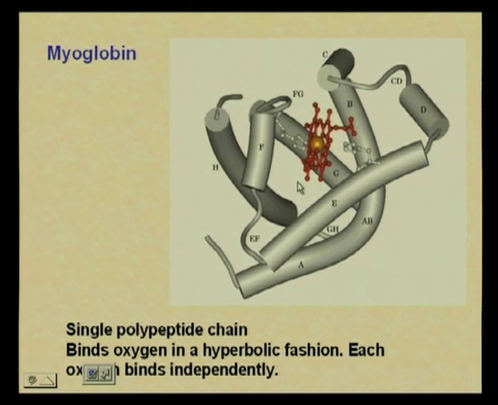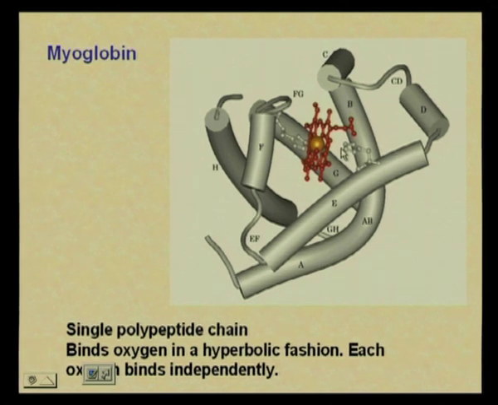Okay? So, what happens is, you can see this one in red here is the heme. Okay? In the heme, you can see this yellow sphere, that is the iron. The iron is linked to the histidine moieties again of the polypeptide chain. Okay?